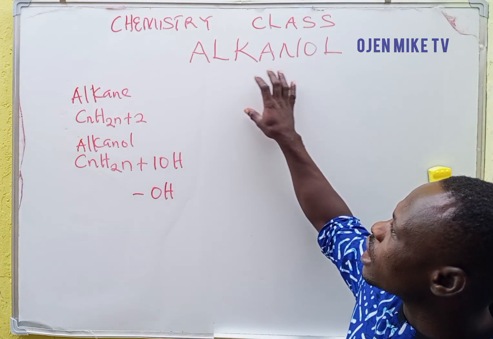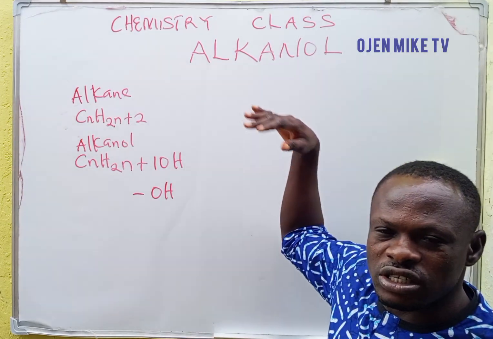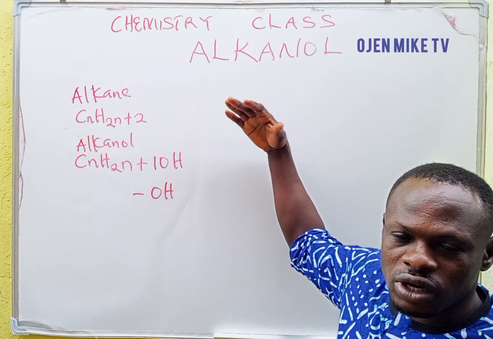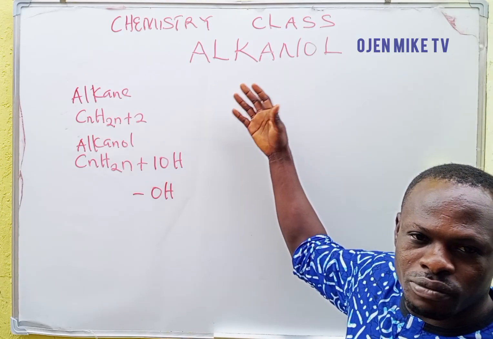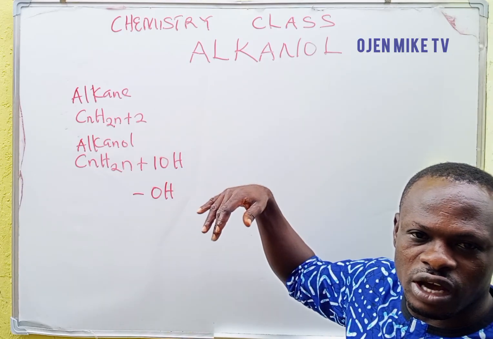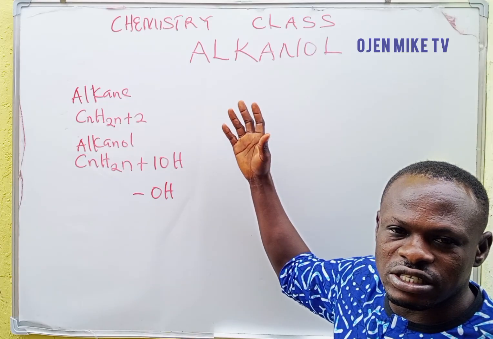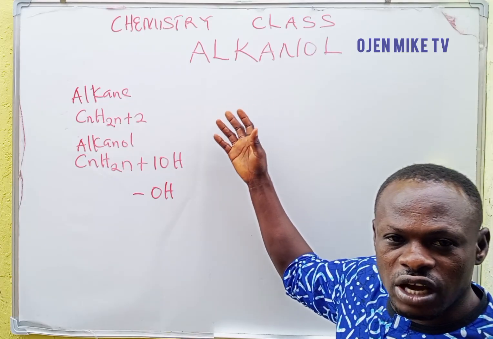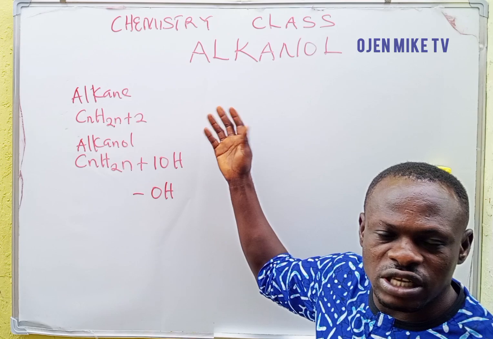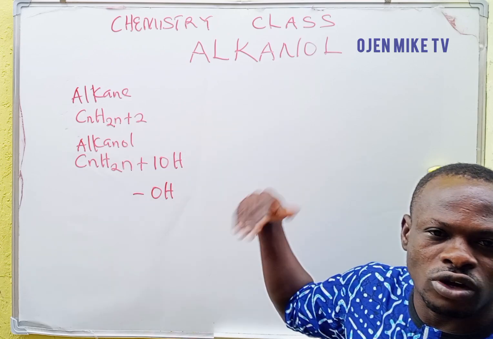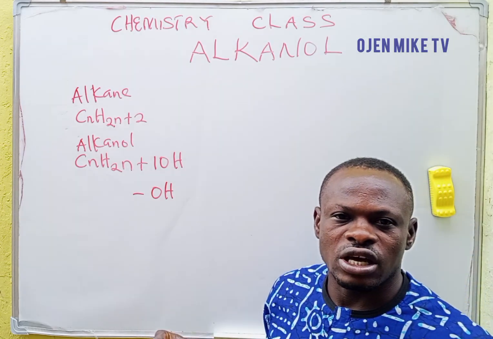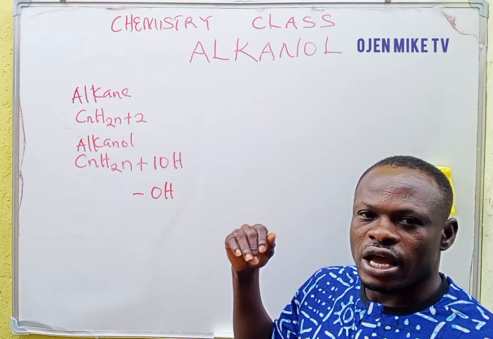So this alkanol, we are going to treat it in detail. For today, we are going to look at the types, the classes, and probably the structure of it. In our next video, we are going to look at the physical characteristics, the chemical characteristics, and probably one of the members that is very important, that is ethanol.